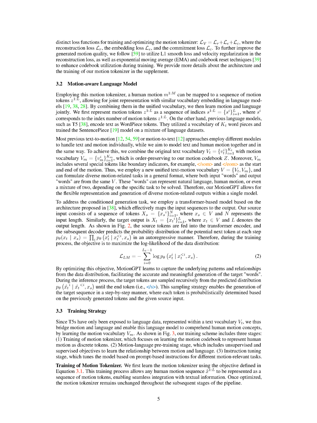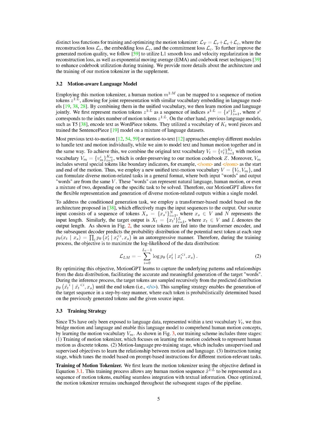For generation tasks, we use a transformer-based model that effectively maps input sequences to the output. Our input consists of a sequence of tokens, where each token is part of our unified vocabulary and the total number of tokens signifies the input length. Likewise, the output is also a series of tokens from the same vocabulary, with its length indicating the output length. The model operates in such a way that the input tokens are processed by the transformer encoder, and the decoder then predicts the likely next token at each step.